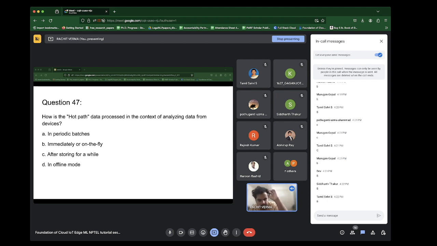Let's say for 5 minutes, 10 minutes. After this time is over, it has accumulated a certain set of data. That entire set of data is what we call a batch. After this batch has been accumulated, then we process it. That is what is called batch processing. I hope that is clear.